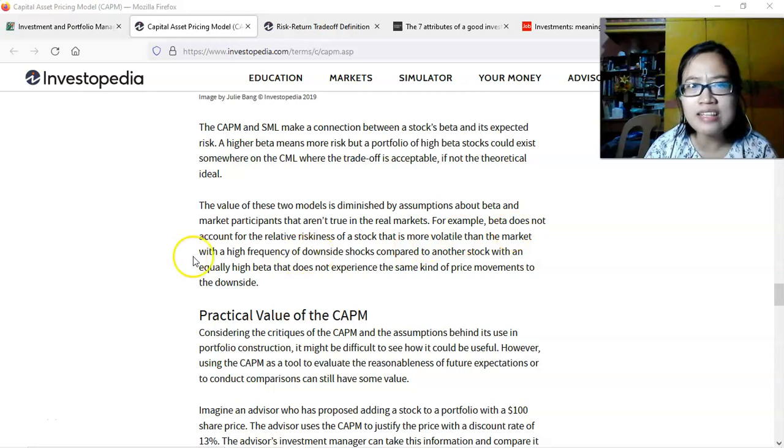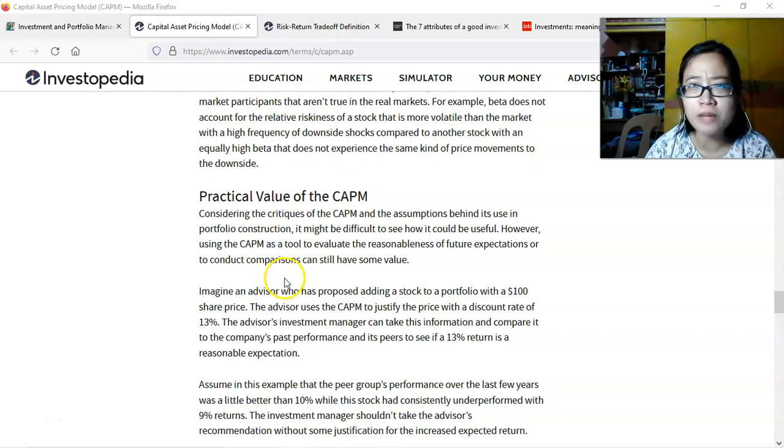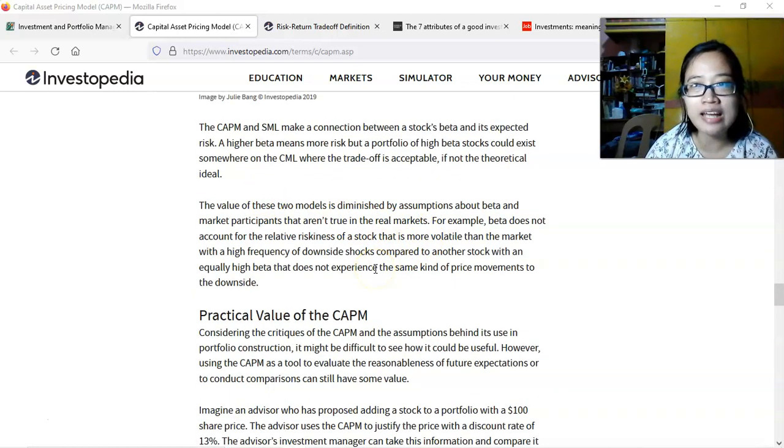For example, the beta does not account for the relative riskiness of a stock that is more volatile than the market with a high frequency of downside shocks compared to another stock with an equally high beta that does not experience the same kind of price movements to the downside. Okay? So example natin kanina na, 100 yung maximum na profit, 150 yung maximum na loss. So dito, sa isang ito, binanggit doon na two companies could have the same beta.